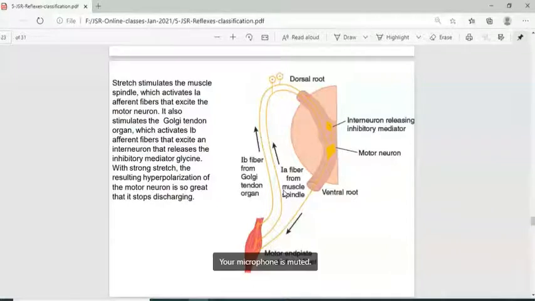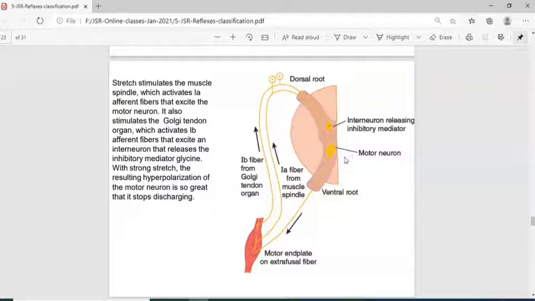When we tap the biceps muscle, it activates the 1A afferent fibers, that is 1A sensory neurons, and the impulse is carried to the dorsal horn, and then it goes to the motor neuron, and then there is contraction of the muscle, isn't it? So that is stretch reflex.